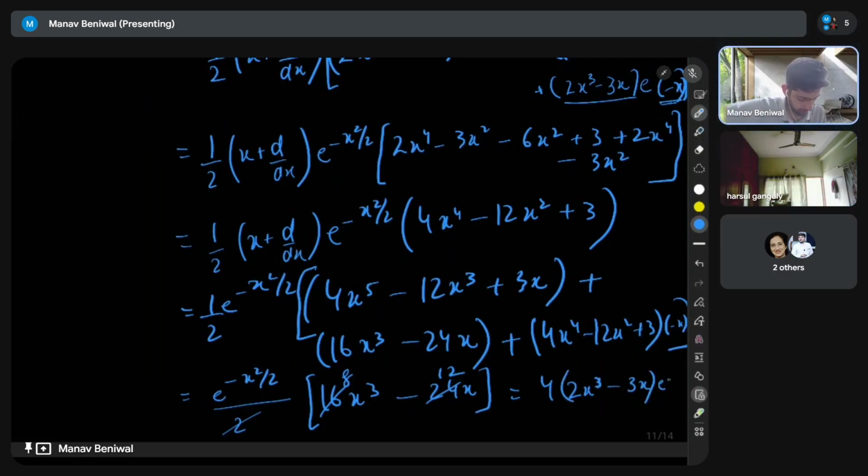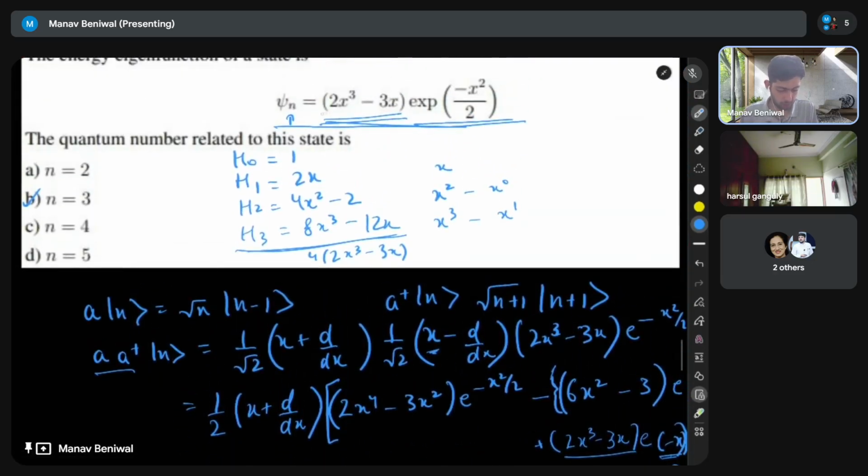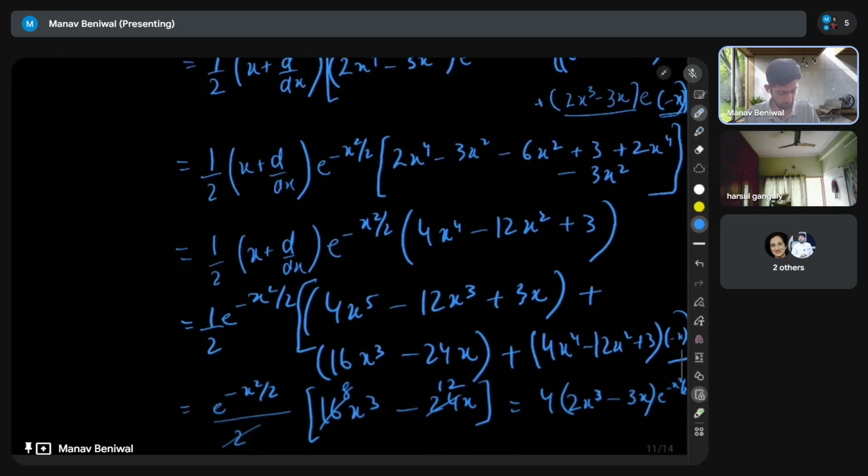And then the same exponential term, e to the power minus x squared by 2. So ultimately we get the same thing: 2x cube minus 3x and the same exponential, so we get the nth state back.